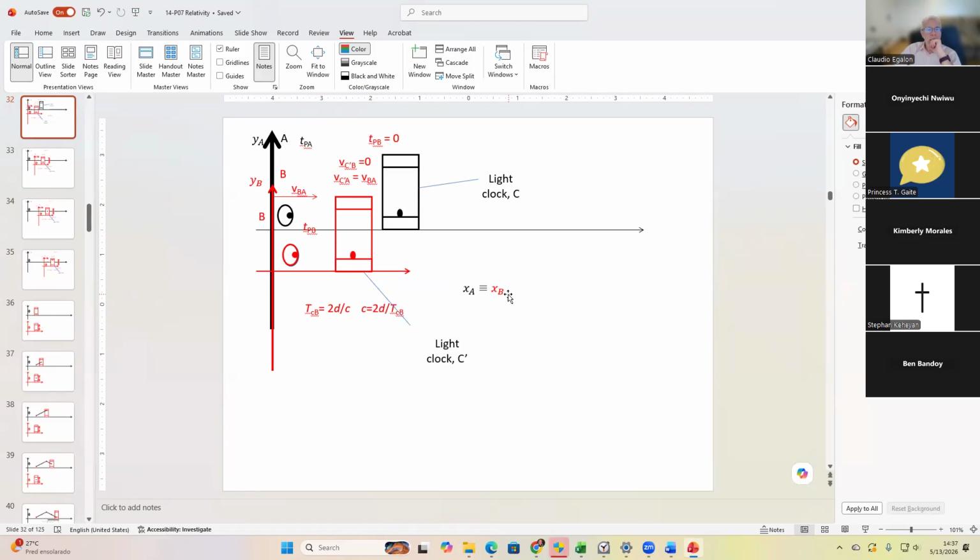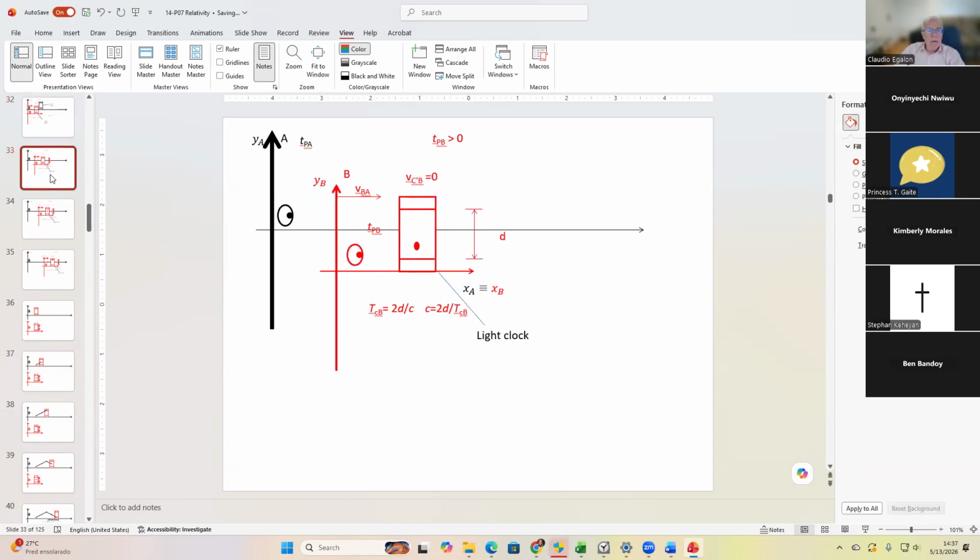Okay, so the observer in A is using his clock as his own standard. He's comparing the measurement of his clock with the measurement of the other clock. There you go. Next.